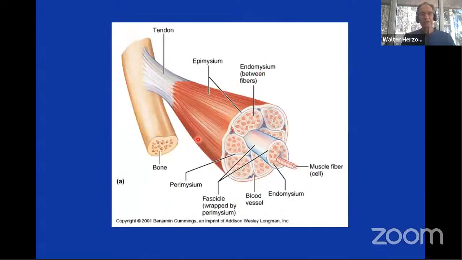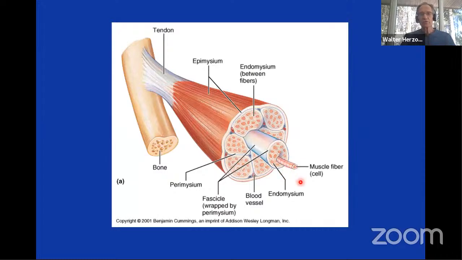So I want to go directly into the more cellular, molecular aspects of muscles. Here we have an entire muscle, and we know that muscles, typically especially bigger muscles, have subdivisions into fascicles, where fascicles are surrounded by connective tissue. And then in these fascicles, we have isolated muscle fibers or muscle cells.